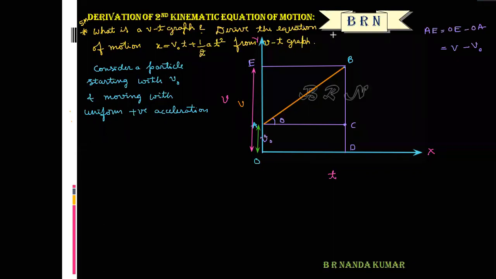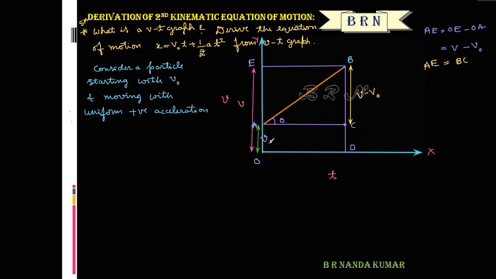So dc is also equal to V minus V naught. Okay, so AE is equal to dc.